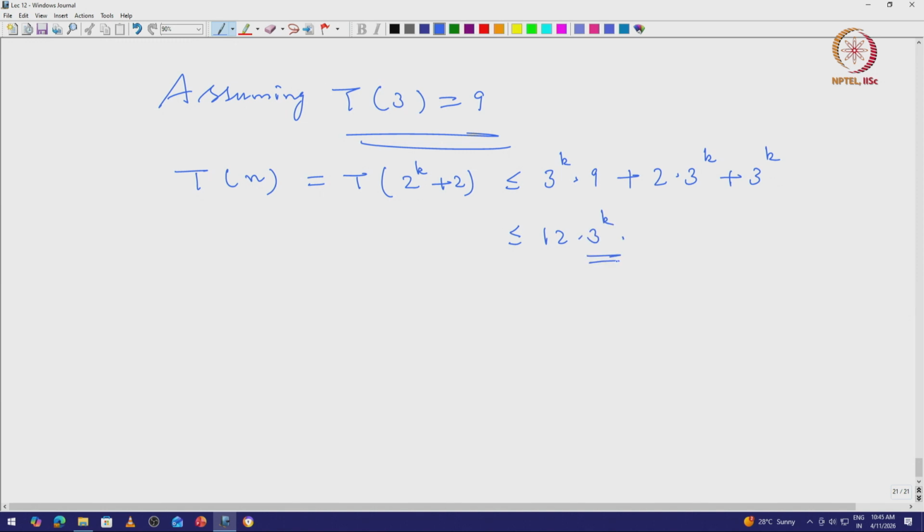So how do you relate n and k? When you try to relate n and k, here you see that n equals 2 power k plus 2. Therefore, floor log n equals k.